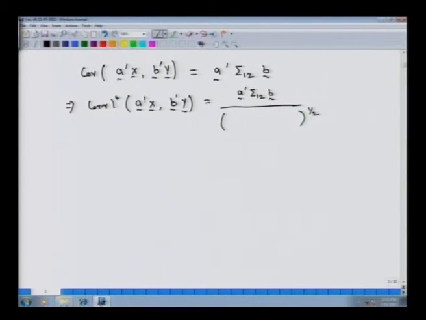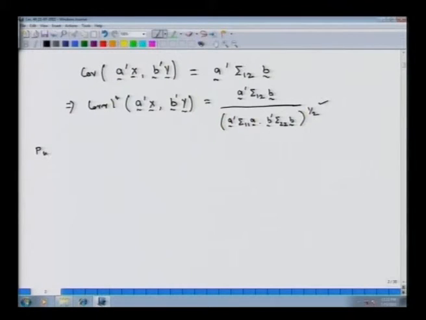So, the variance of a prime x will be equal to a prime sigma 1 1 times a, this into the variance of b prime y, which is b prime sigma 2 2 times b in our defined notations. So, this is the correlation coefficient between a prime x and b prime y.